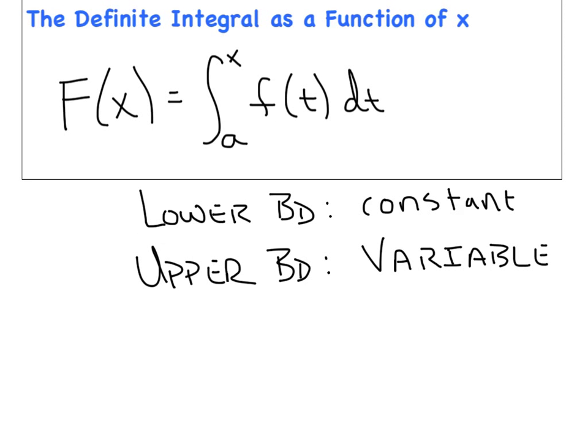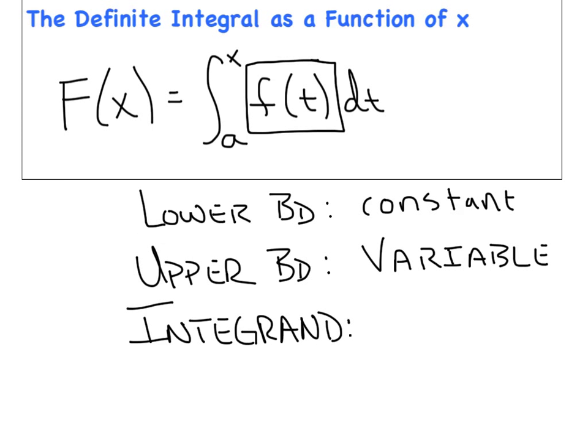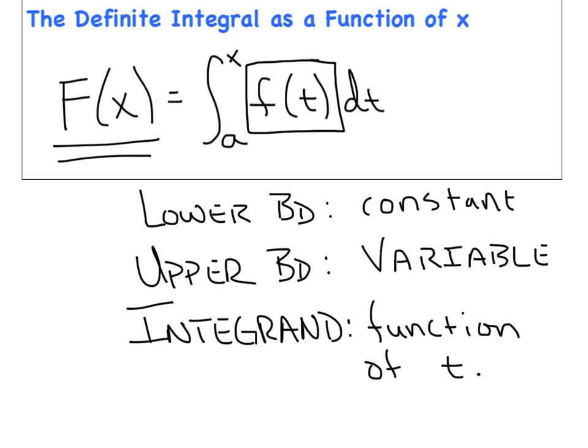Now the integrand this time. What do you notice about the integrand that's different than what we had before? Now again, the integrand is referring to this guy right here. The integrand is not a function of x, is it? The integrand is a function of t. And I want to emphasize that the integrand has to use a different variable than the original defined function out front.